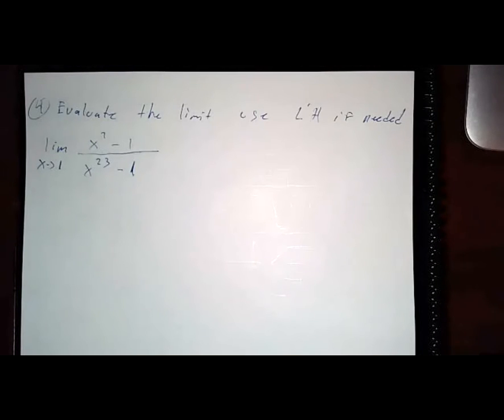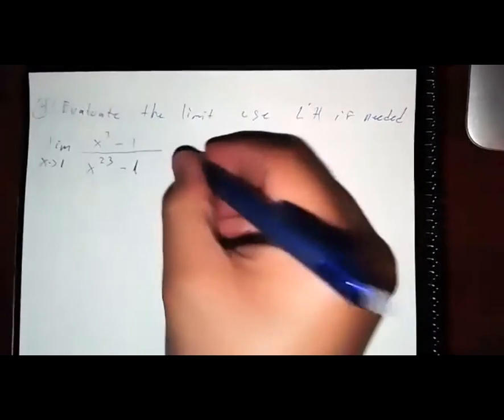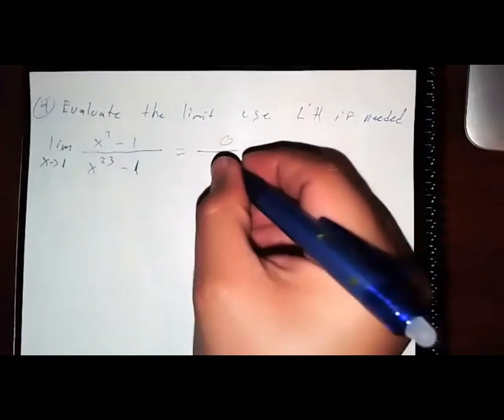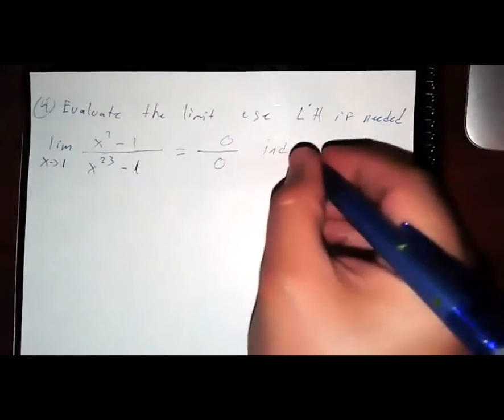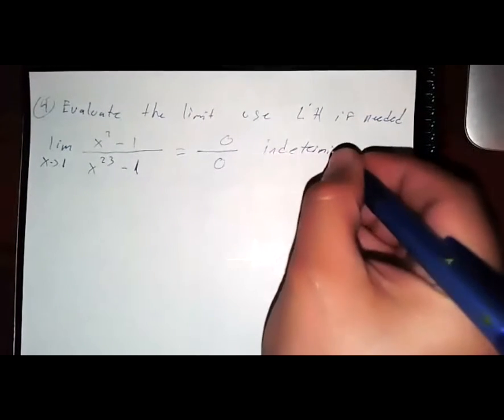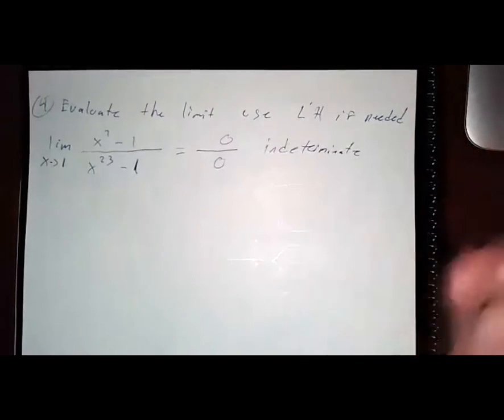It goes to 0. It looks like we get 0 on the top, 0 on the bottom. It's indeterminate. So therefore, we must do L'Hopital.